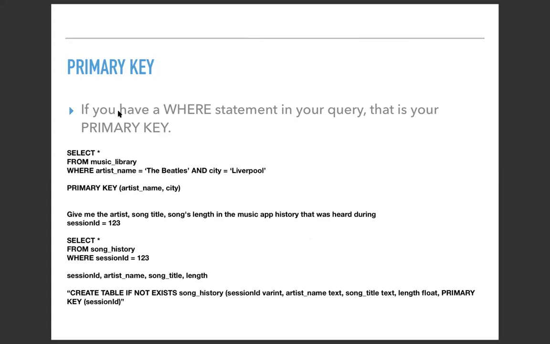And from what we remember of using this tip, our primary key is going to be whatever we have in the where statement. So the primary key is going to be our session ID. And it's really that simple.